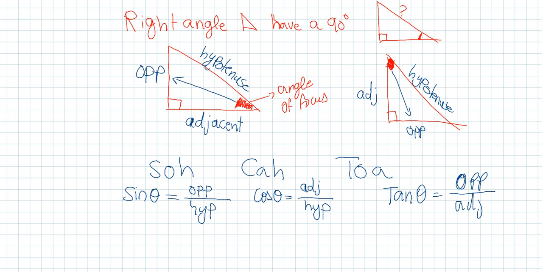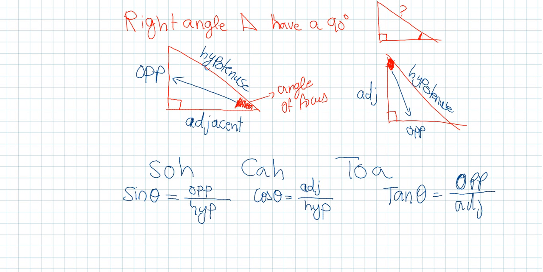Now, which one you pick depends on what's given to you. If they give you the opposite and the hypotenuse, then you can use sine. If they give you opposite and adjacent, then you can use tan. If they give you adjacent and hypotenuse, then you can use cosine. It all depends on what kind of information is given to you. Okay? So part of the right angle triangle is SOHCAHTOA.